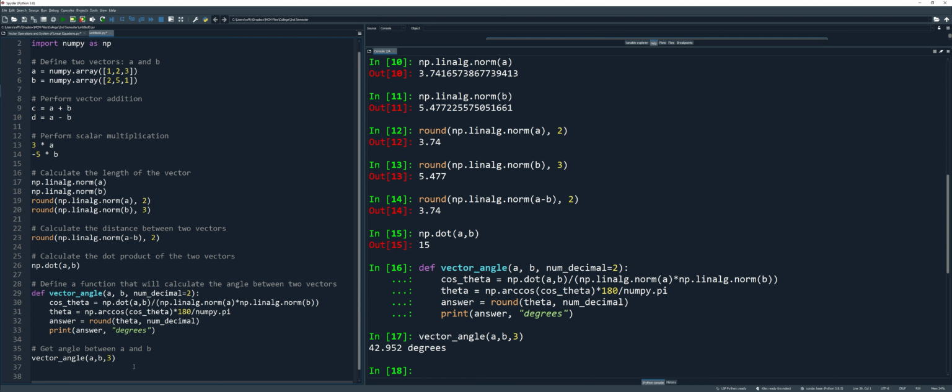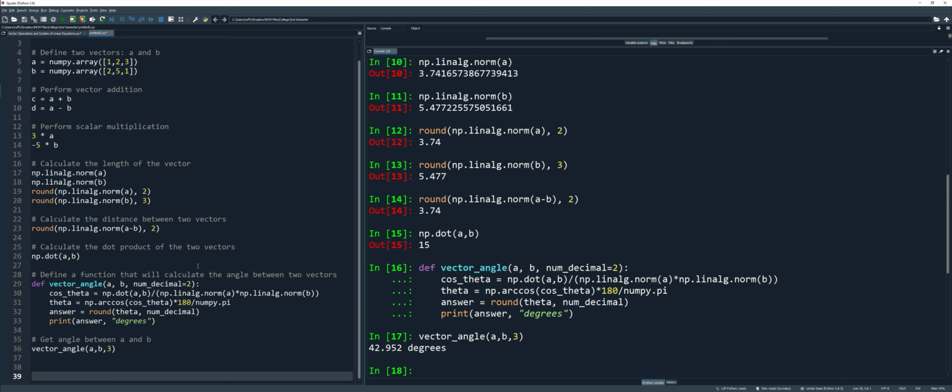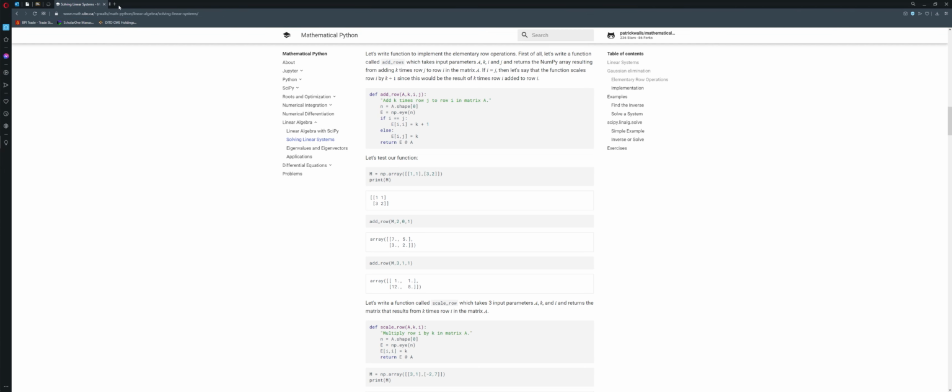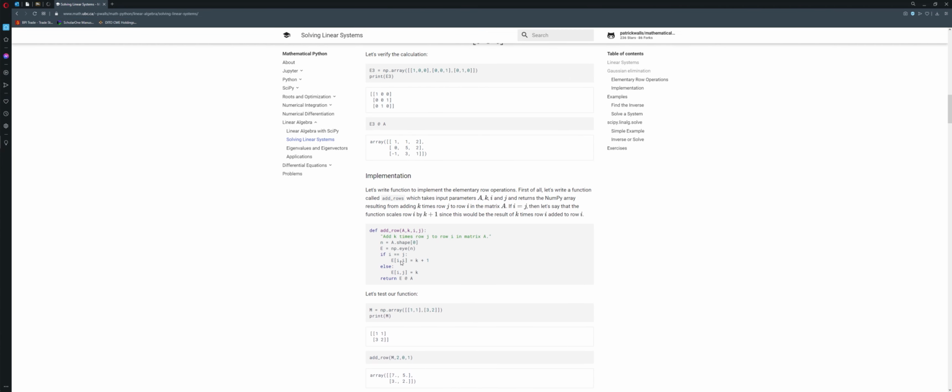Now, for the next one, let's try to perform elementary row operations in Python. So I've searched online, and I was able to find a website that gives us the function that will allow us to perform the 3 elementary row operations.